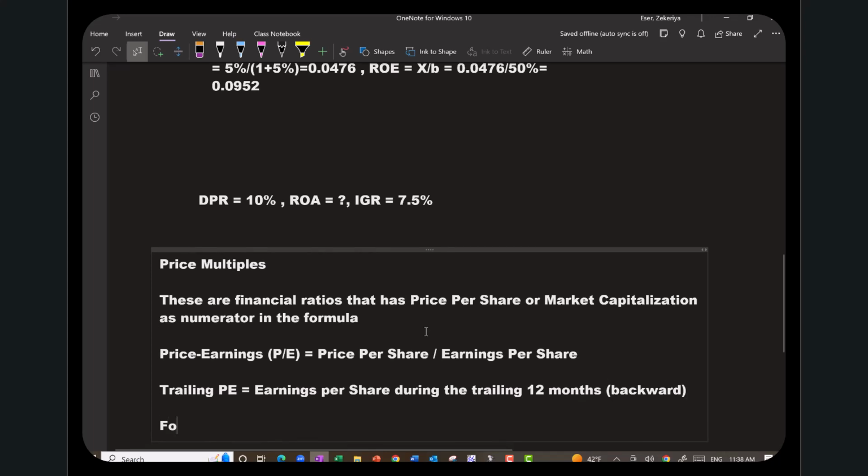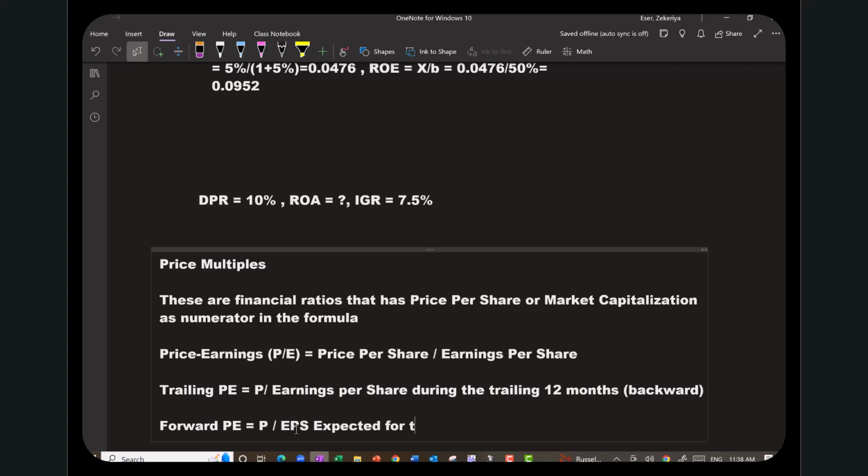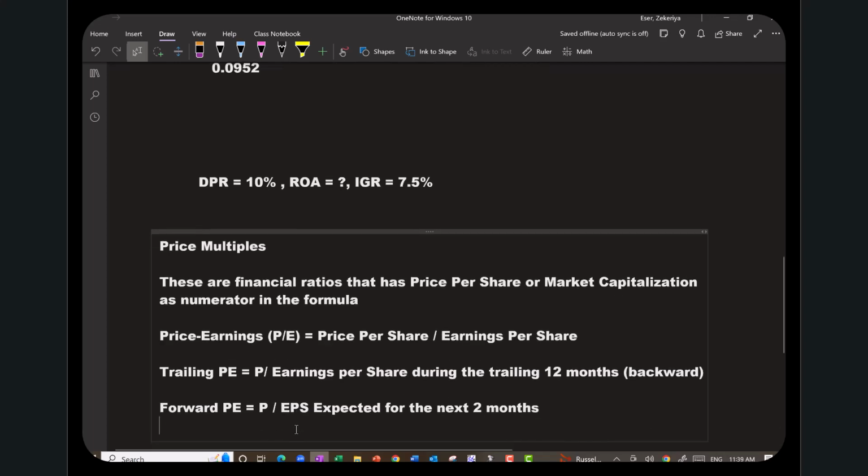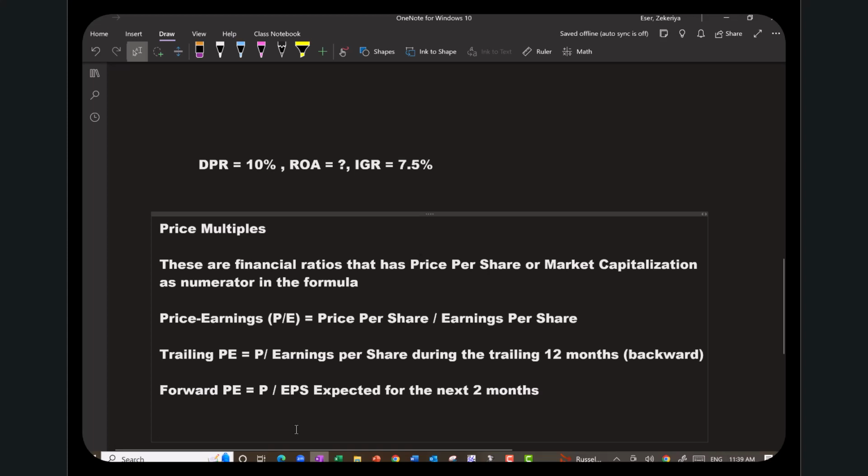And the other one is called forward PE. This is obviously price divided by EPS expected for the next 12 months. If a firm is growing, forward PE is going to be always less than trailing PE.